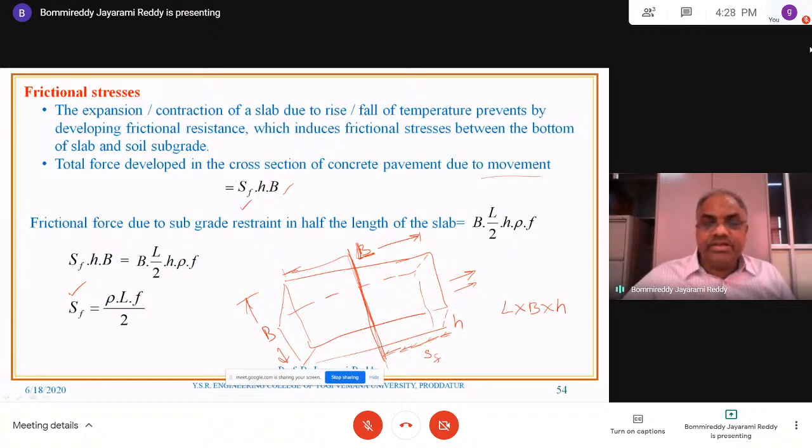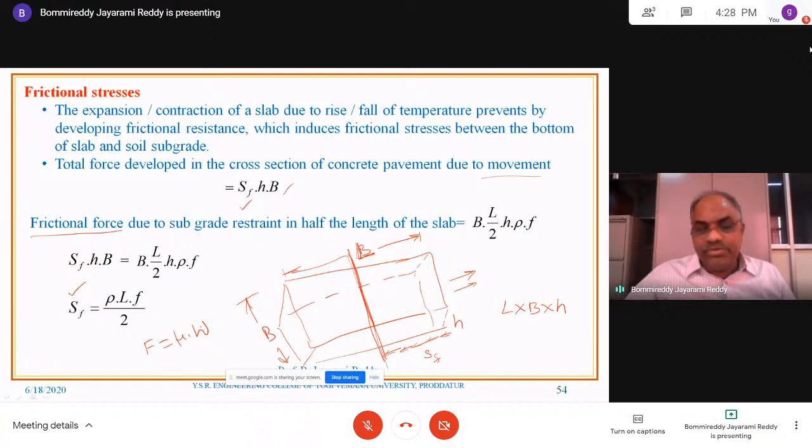What is the frictional resistance? The frictional force F is nothing but mu multiplied by W. Frictional force is always normal to the direction of the normal force.